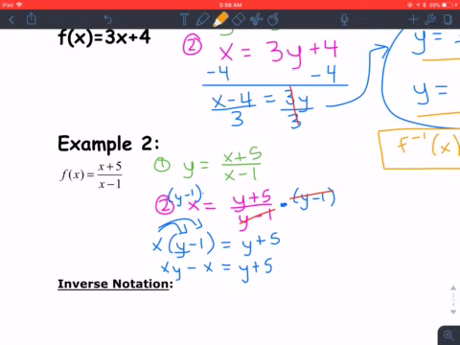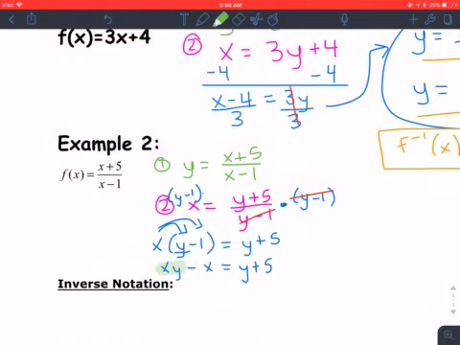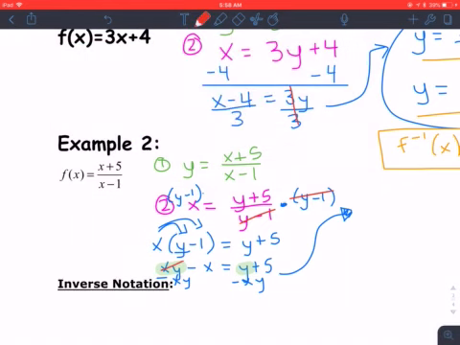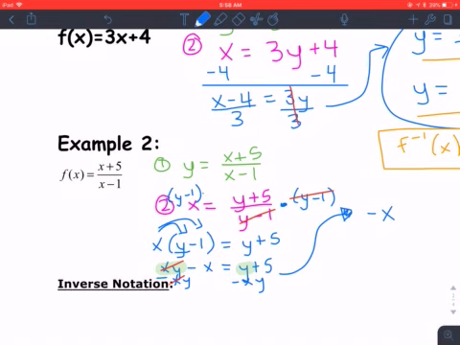Alright, and now we have two terms with y in them. I need to get those on the same side. So I'm going to go ahead and move the xy. So I'm going to subtract xy from both sides. So these will cancel. On the left side, I'm just left with negative x equals.